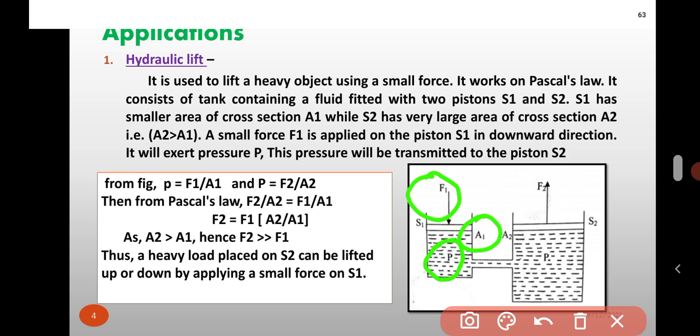Therefore F2 upon A2 is equal to F1 upon A1, and rearranging, F2 is equal to F1 times (A2 upon A1). As A2 is greater than A1, hence F2 is much greater than F1. Thus, a heavy load placed on S2 can be lifted up or down by applying a small force on S1.